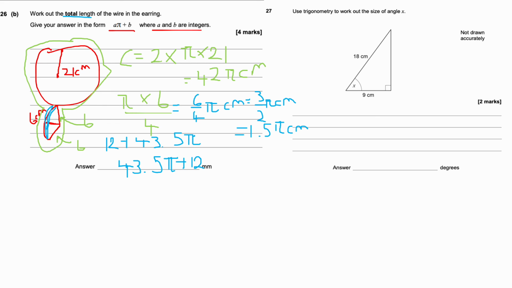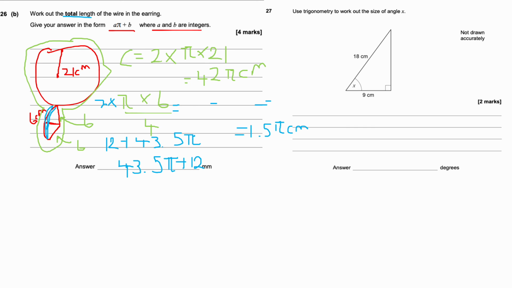Now, I've just looked here and realised that a should actually be an integer. It's because I forgot to times it by 2. So here I should actually get just 3 pi. Again, I've made a mistake here, guys, so I apologise.